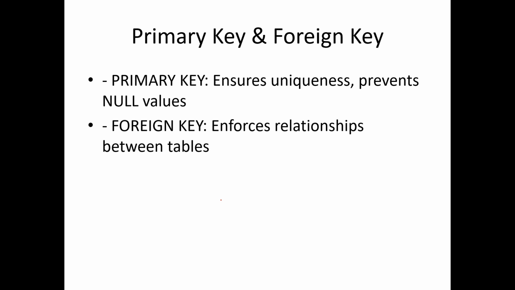I already explained that the primary key ensures uniqueness and prevents null values. A foreign key enforces a relationship between tables. For example, we have two tables: one is customer and the second is the order table. The foreign key links the order table to the customer table.